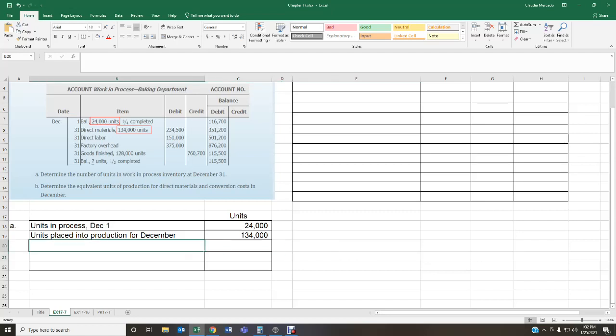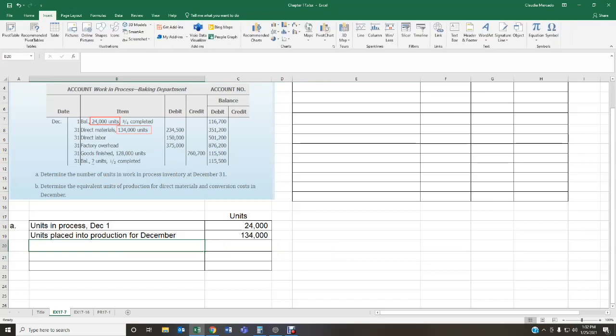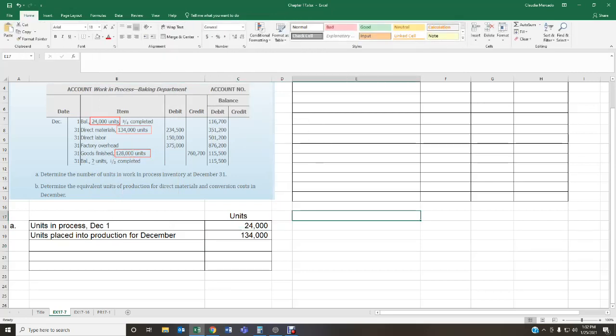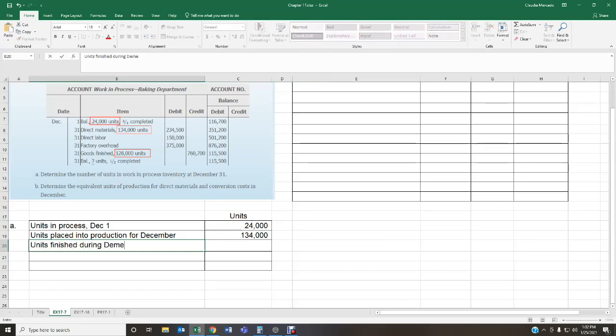Okay. Now, at the end of the month, I had finished 128,000 units. That was your finished goods. According to the problem, at the end of the month, you finished 128,000 units. So, units finished during December. And I'm going to put that in parentheses because I'm going to subtract these.